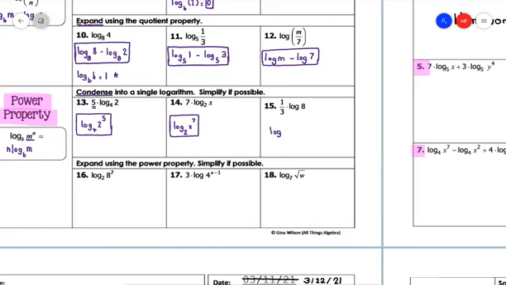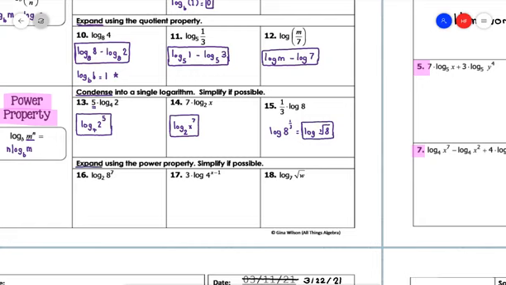Now on 15 we have a 1/3 power. So our base is 10. We've got log 8 with a power of 1/3, which we can change to log of the cube root of 8. So remember, whenever we're taking the power to a fraction, then that's going to change into a radical.